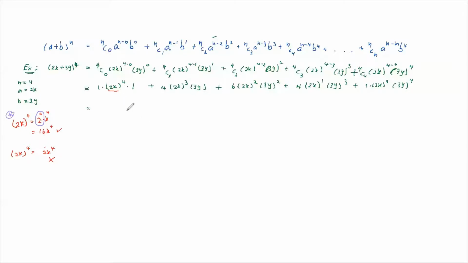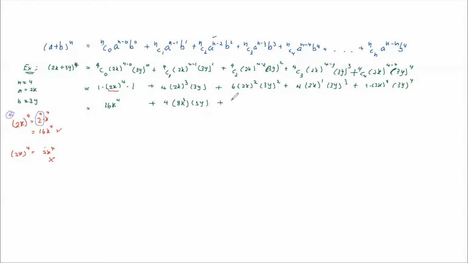Okay, now we can simplify next, and the rest of the terms are the same thing. Now we expand this: 2x power 4 becomes 16x power 4 times 1, still equal to 16x power 4, plus. Then this one, don't forget 4 times 2x the whole thing power 3 becomes 8x power 3, and then times 3y here.